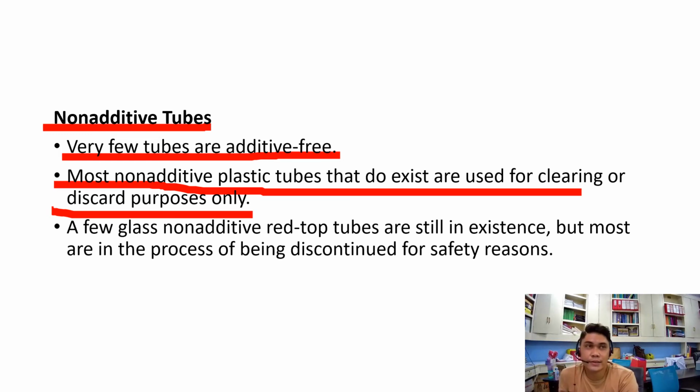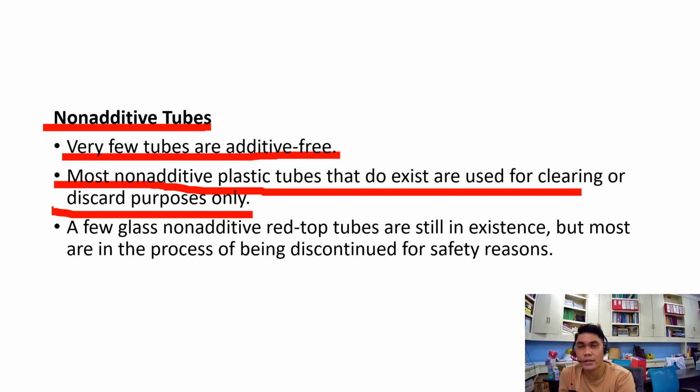Glass is a possible hazard because it can break, so some manufacturers replace the glass red stopper tube with plastic ones with no additive because of safety reasons.